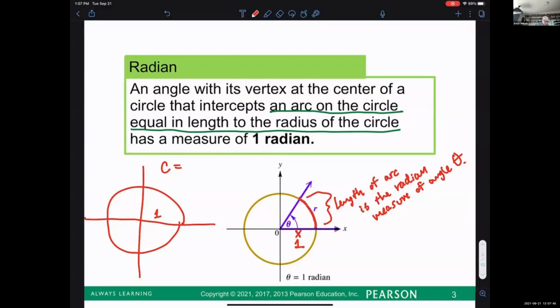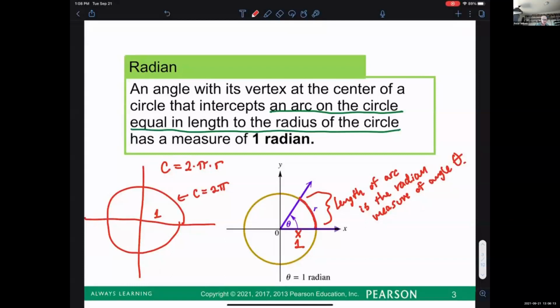And the circumference is 2 times this number pi times whatever the radius is of the circle. So if the radius is 1, then the circumference is equal to 2 pi, because we plug in a 1 for r and you get 2 times pi.